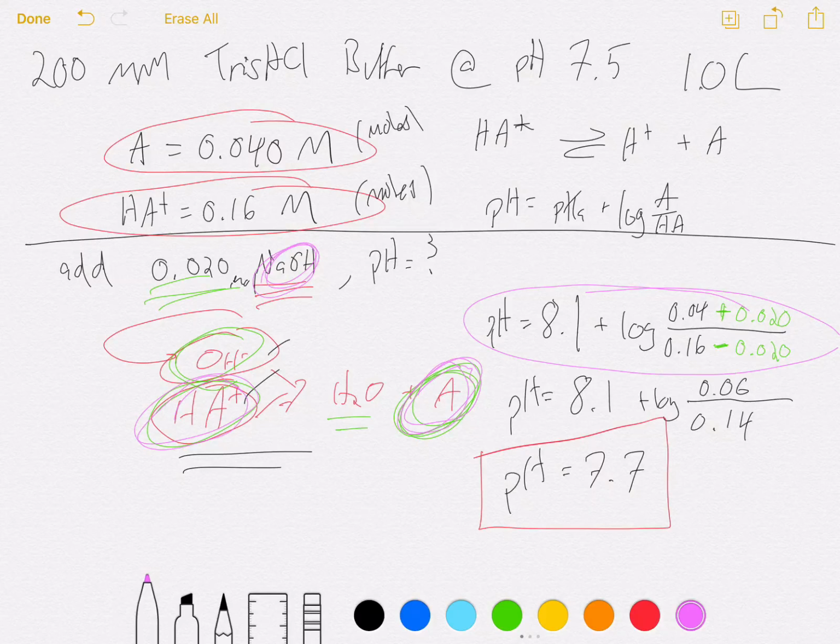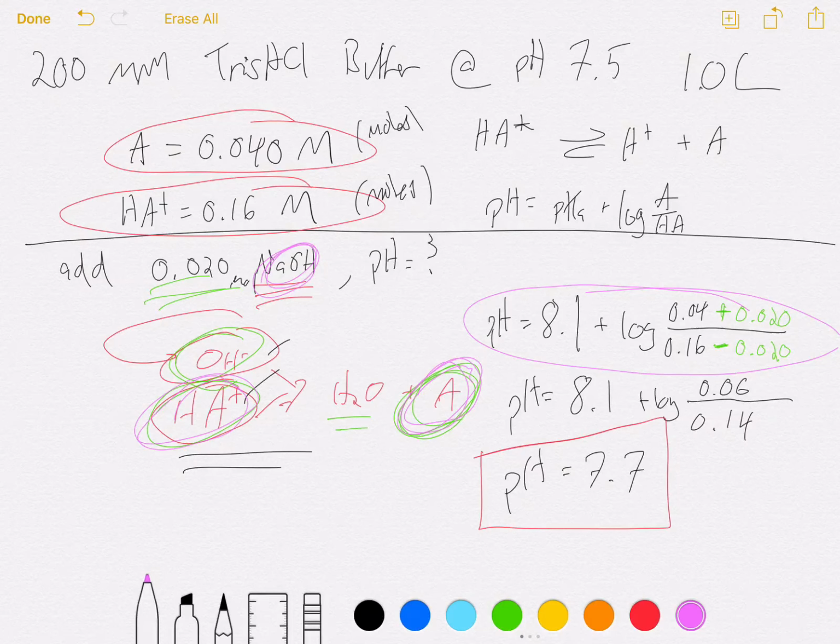Now the other thing to remember is that we've built into this math the assumption that neutralization happens quantitatively, and that the final concentrations of A and HA haven't changed. And so when we do this neutralization, is it technically at equilibrium?